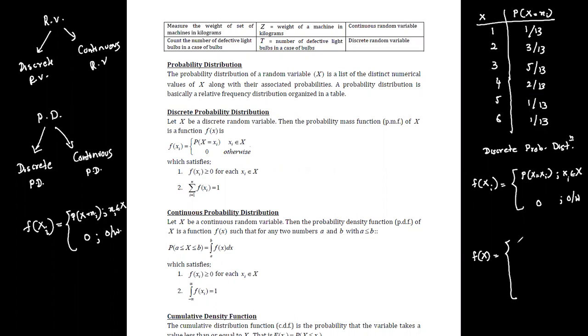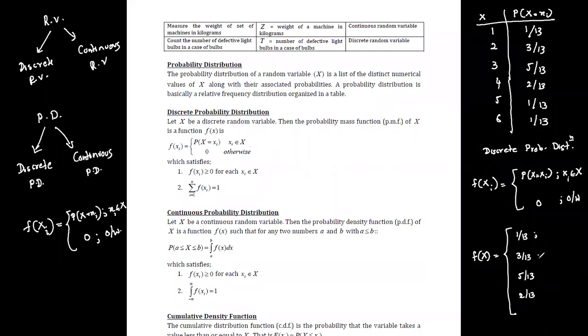If you write down the values, then you can say that 1 over 13 is there, 3 over 13 is there, 5 over 13 is there, 2 over 13 is there. I write the values in this form: 1 over 13, 3 over 13, 5 over 13, 2 over 13.